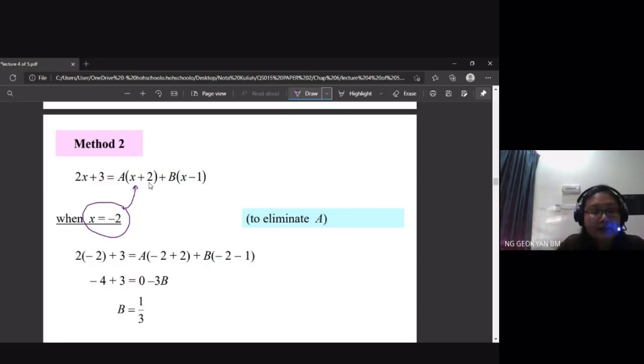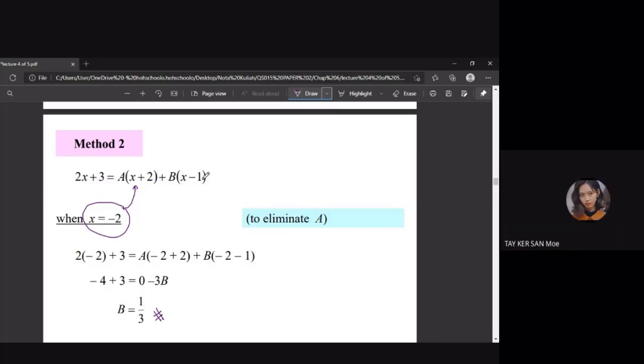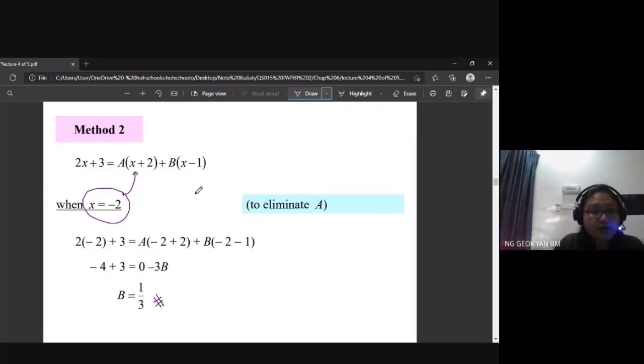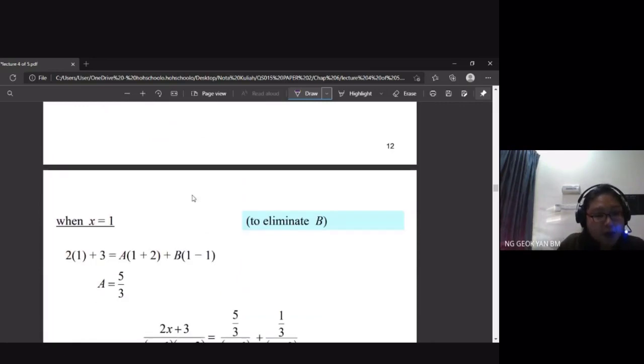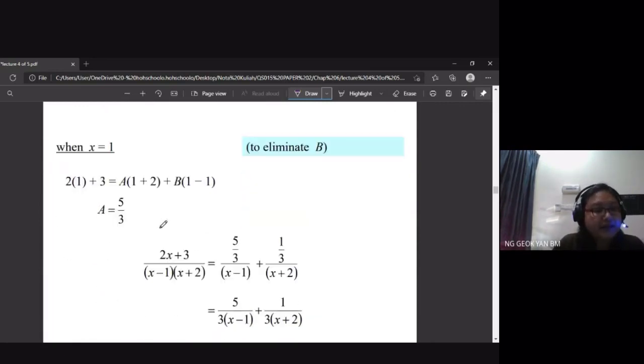So when it is eliminated, automatically you get the value of B easily. The same thing. What is the next x value you are going to choose? You can try to guess. What is the next x value we are going to choose in order to find the value of A? 1. Yes, very good. Because when you substitute x equals 1, it will eliminate the B. Then you get A easily.